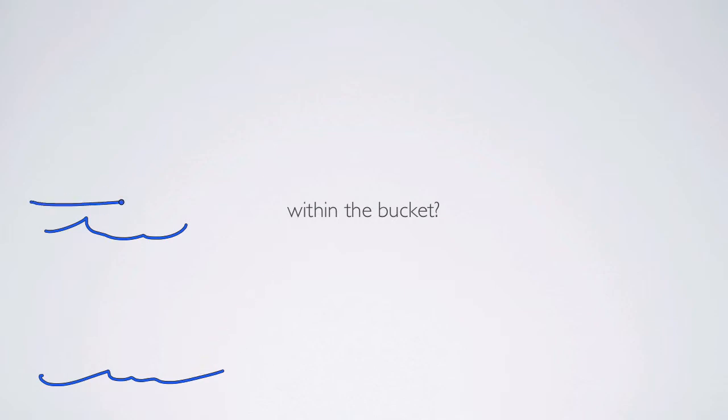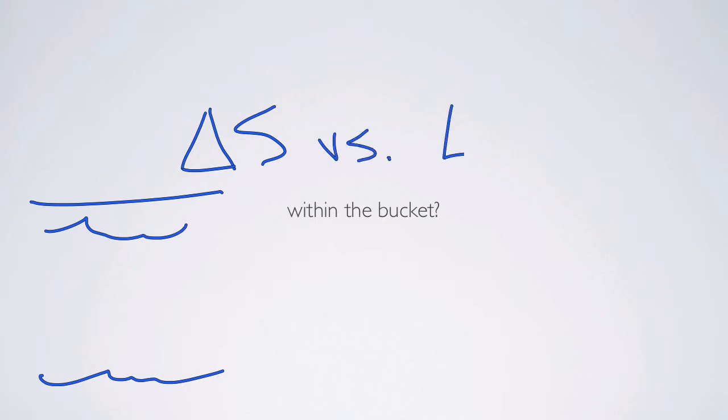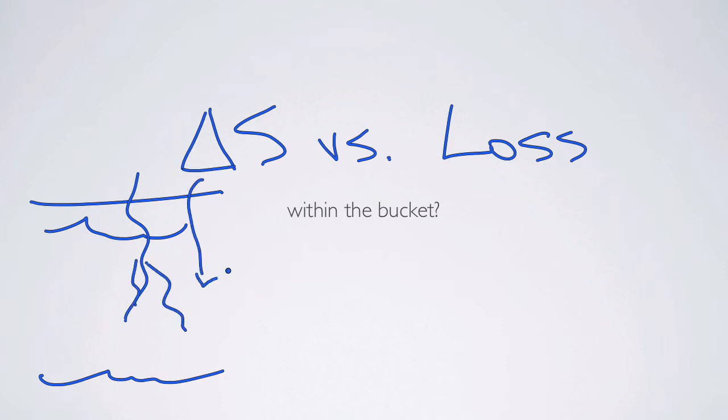And so when we're doing our ecosystem budget and thinking about changes in storage in that ecosystem versus a loss, it really has to do with the rooting depth of plants. And so if water enters the system and is stored within the rooting system of a plant, then you would consider that storage.